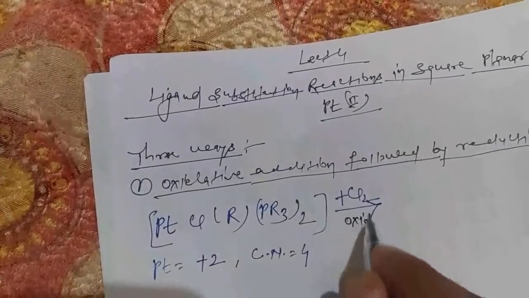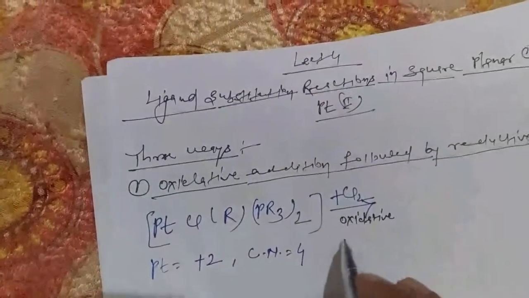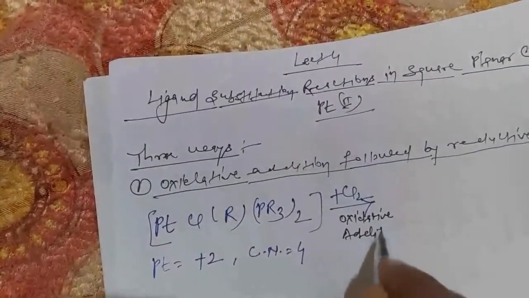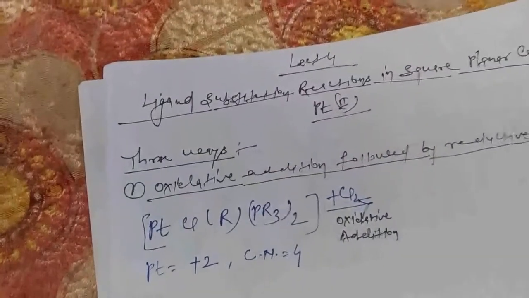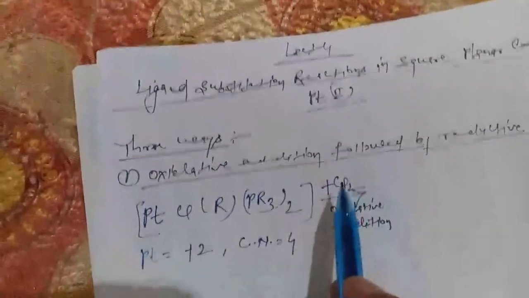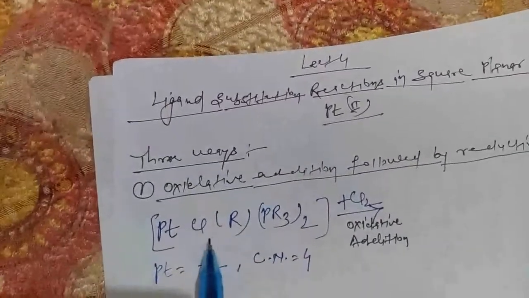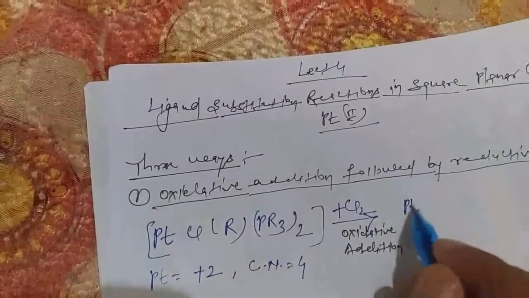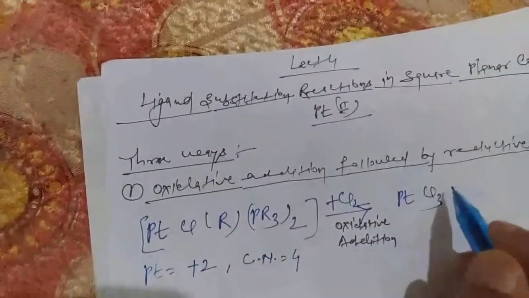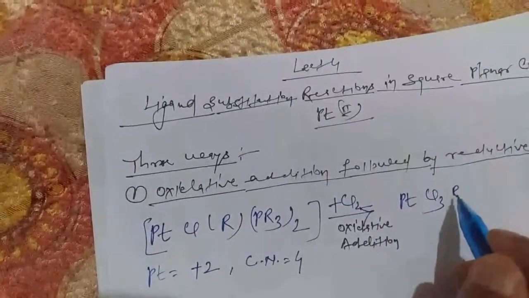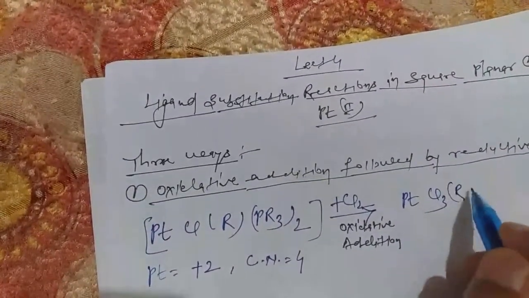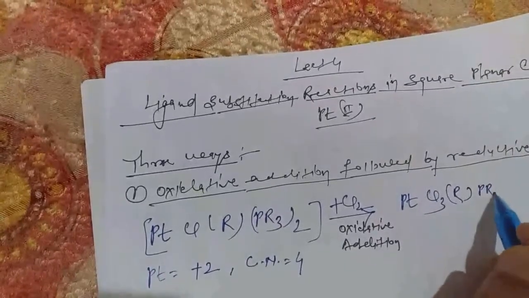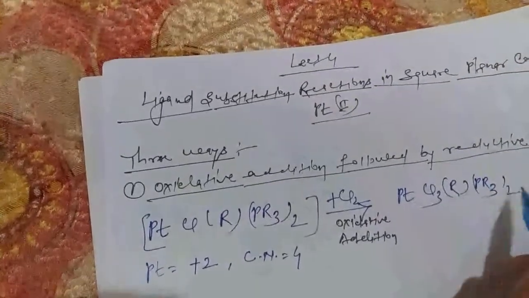This is what oxidative addition is. So what will happen when chlorine will add here? It will add to this side. So this will certainly become platinum Cl3, then R, and PR3 whole twice.